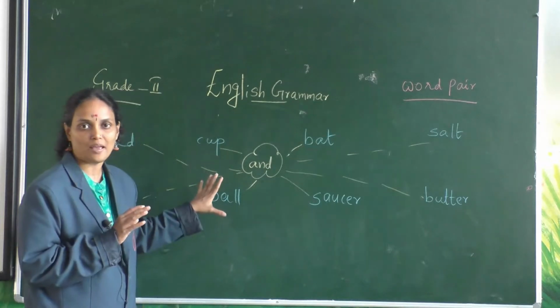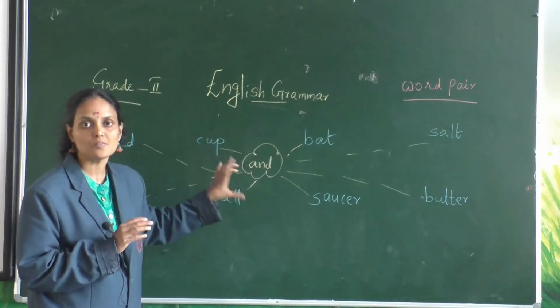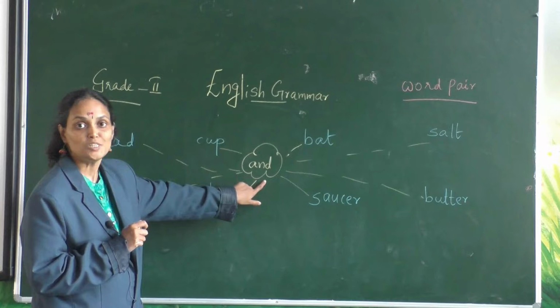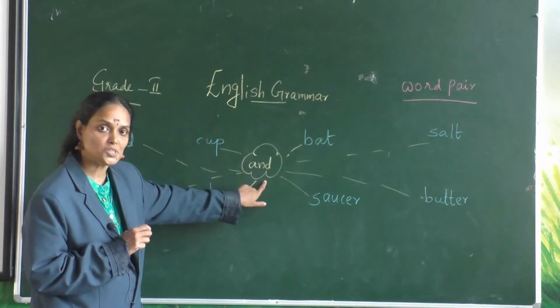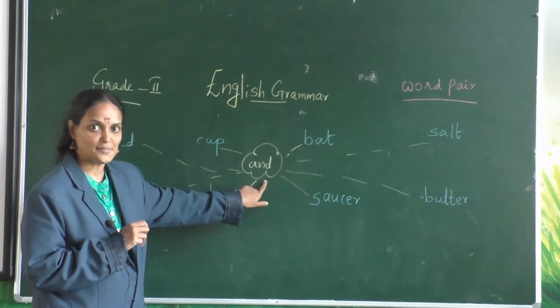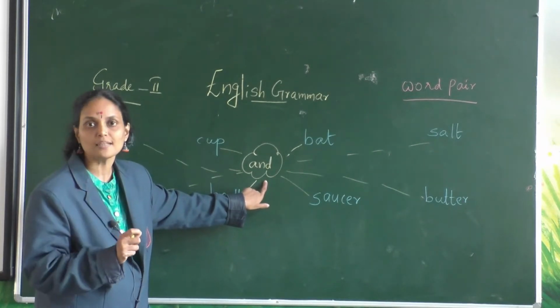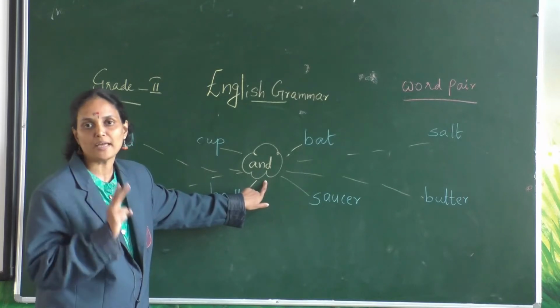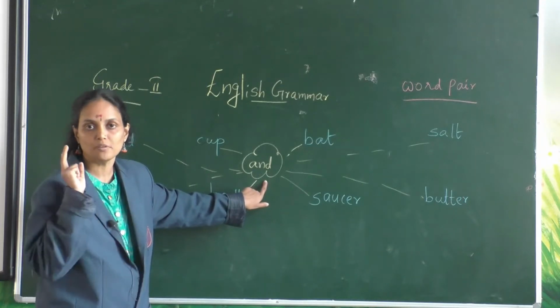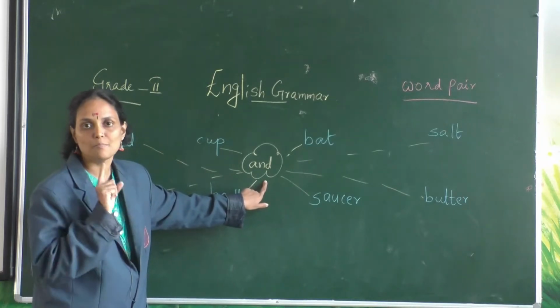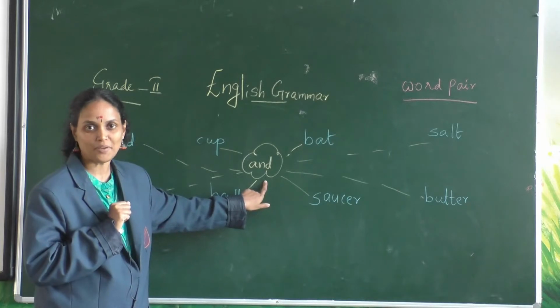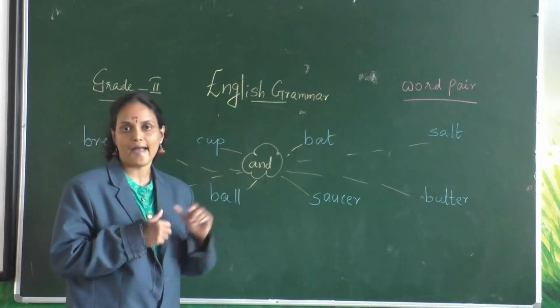We have made these word pairs using the joining word or the conjunction and. As I told you, today we are discussing the use of three main joining words or conjunctions: and, but, or. The first one is and.